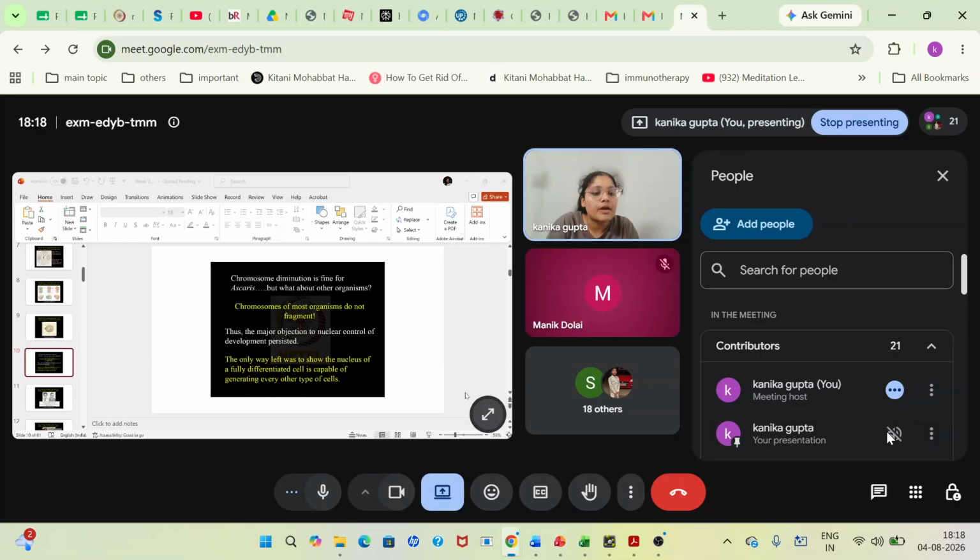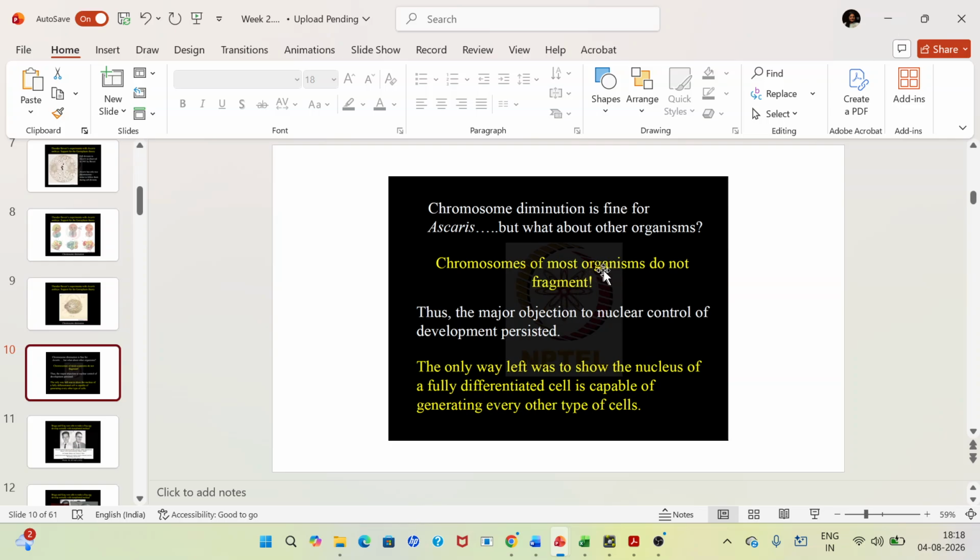Otherwise, it can lead to many kinds of problems in the developing embryo, and then obviously death of the cells. It can happen because of the presence of an unequal number of chromosomes, or incomplete information for development.